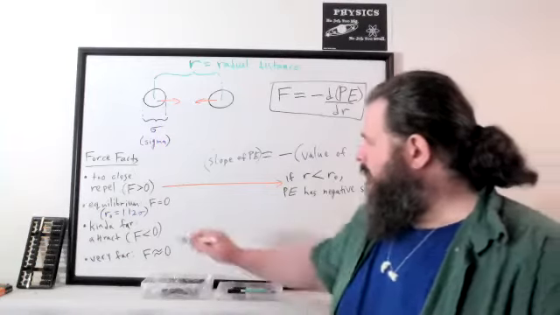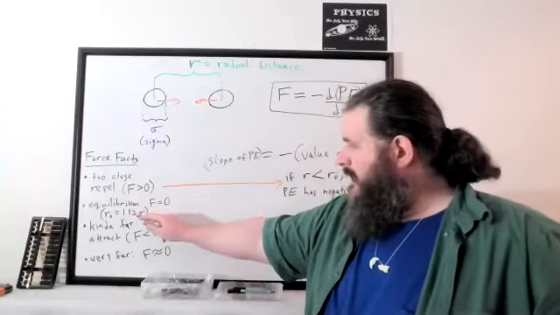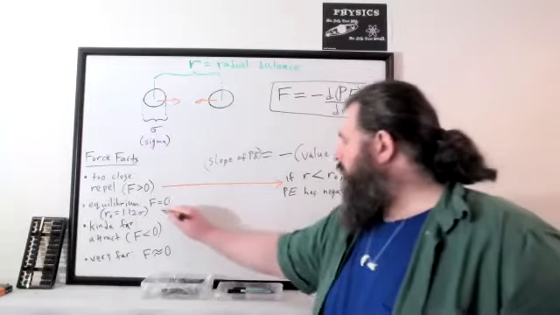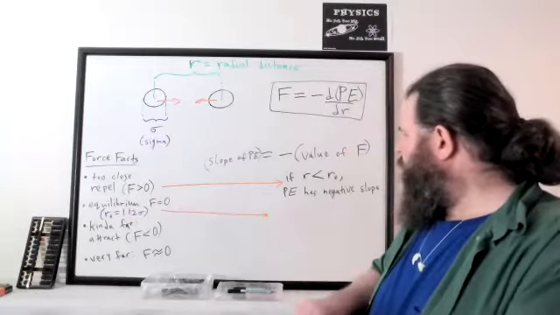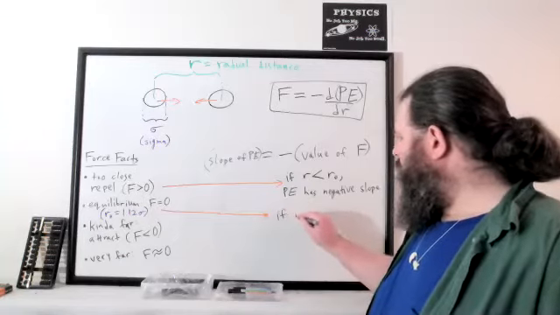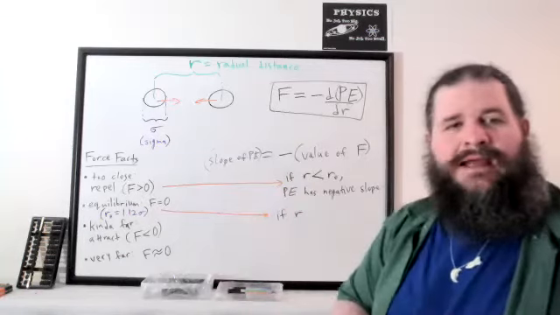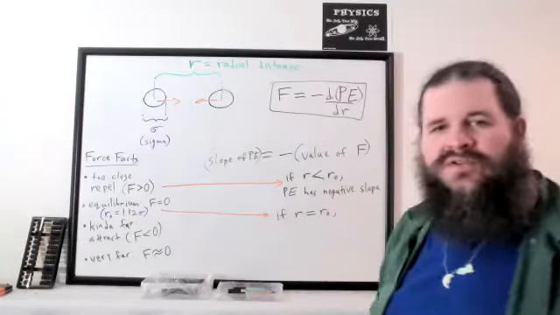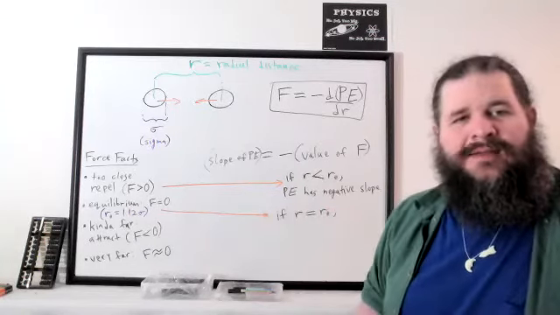Next force fact: we know that at equilibrium, when R is exactly R naught, we have zero force. So if the distance between the molecules right now happens to be exactly R naught, what does that tell you about the potential energy graph at that point?